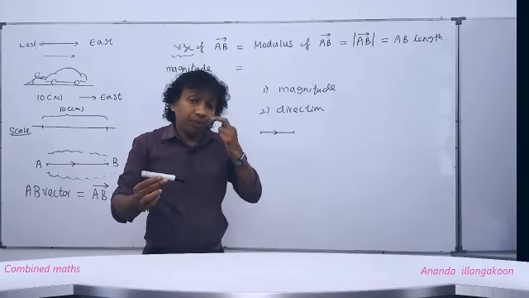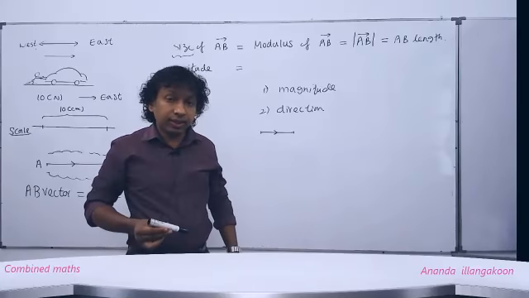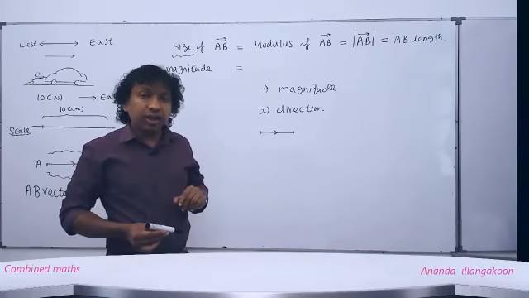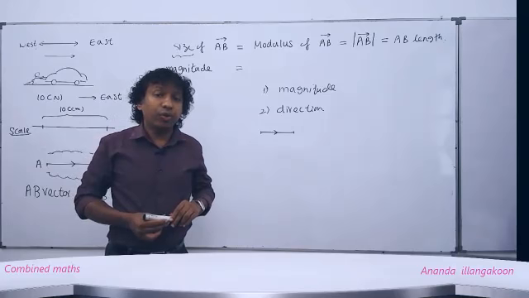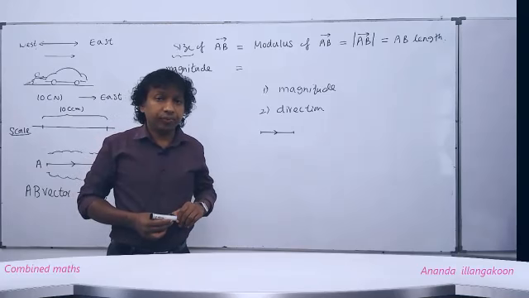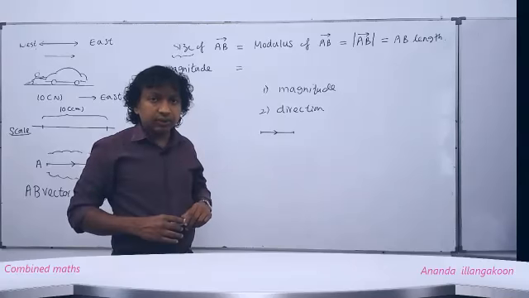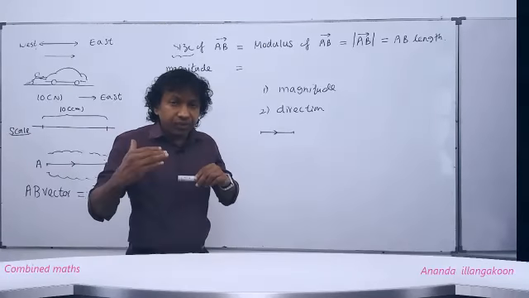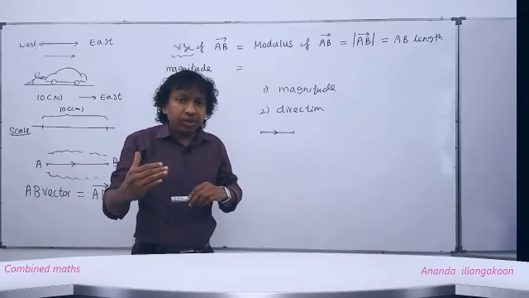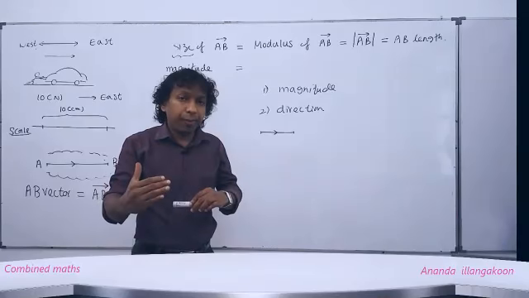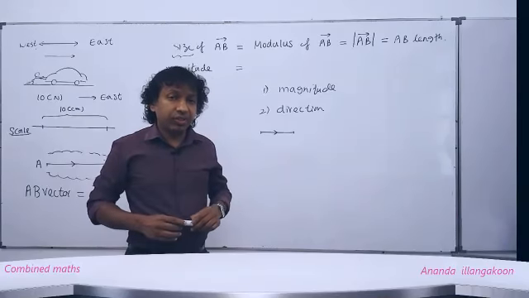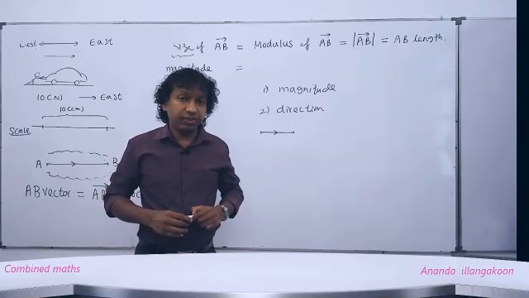So by this we can get another simple idea: the conditions required for two vectors to be equal. A vector has two qualities, magnitude and direction. If two vectors have the same qualities, then those two vectors are called equal vectors.